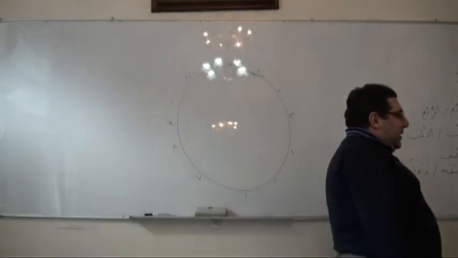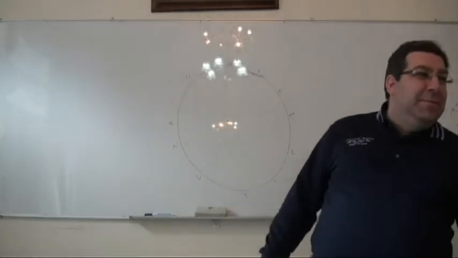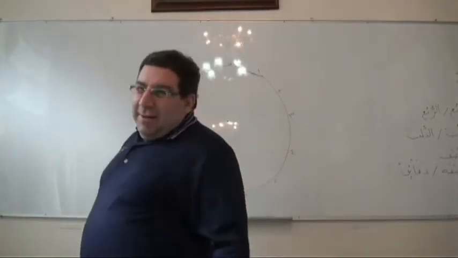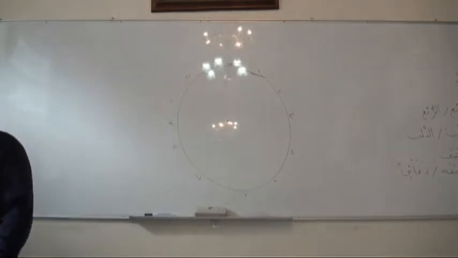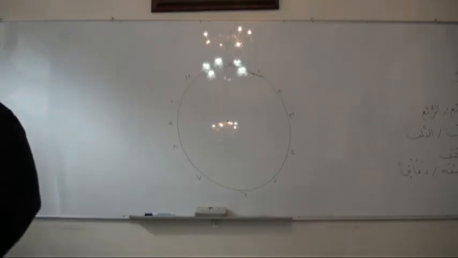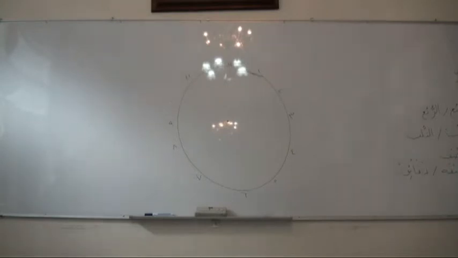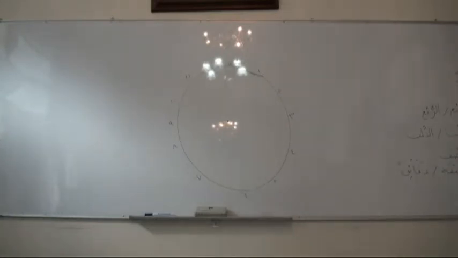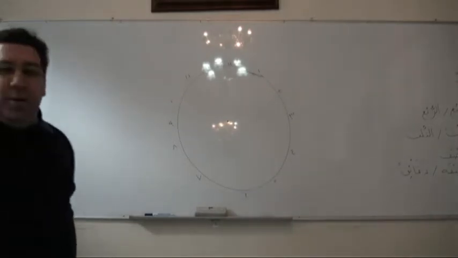Okay, and Hanan, what is 17? Okay, and Saeed, what is 28? ثمانية وعشرون.